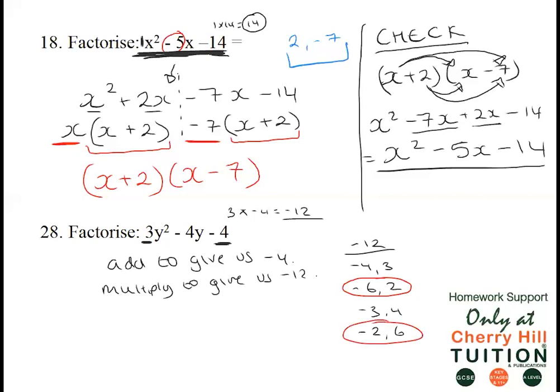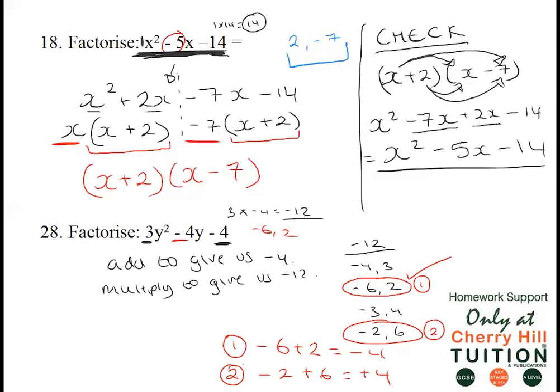Let's test it to see which one it is. Let's label this 1 and label this 2. For 1, minus 6 plus 2 gives us minus 4. For 2, minus 2 plus 6 gives us plus 4. We need minus 4, therefore this is our combination. So our combination is minus 6 and 2. We can rub the rest of it out.